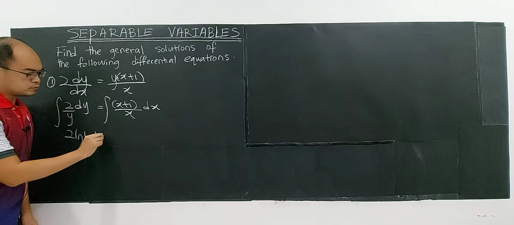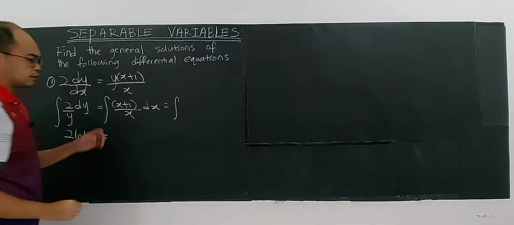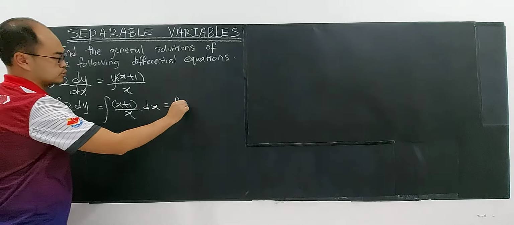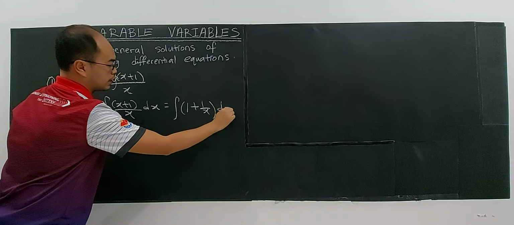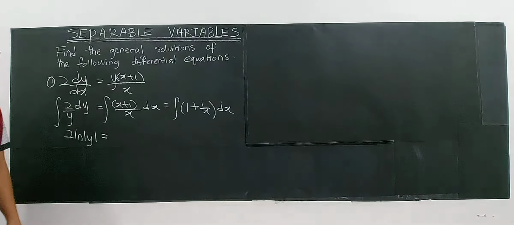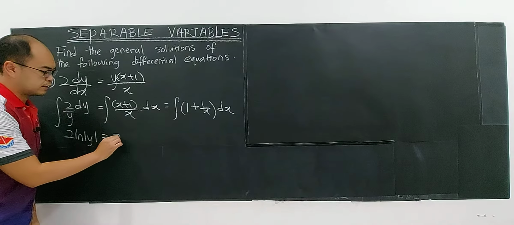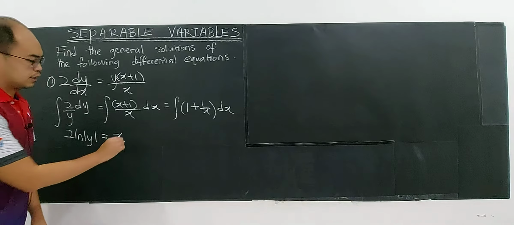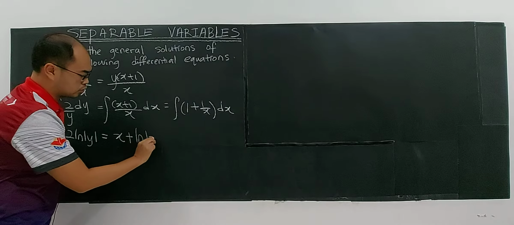And on the other side, I can simplify first before I integrate: x over x is 1, plus 1 over x dx. Integrating 1, you get x. Integrating 1 over x, you get ln modulus x.